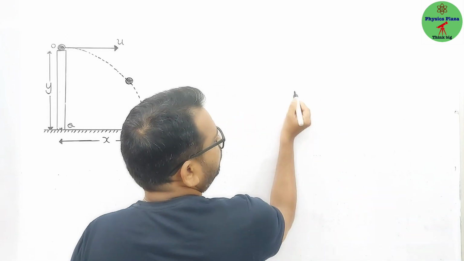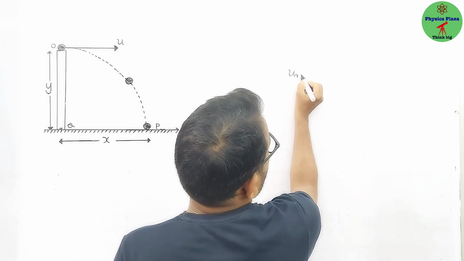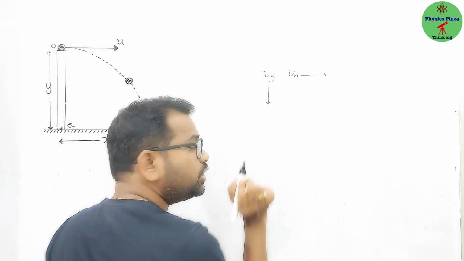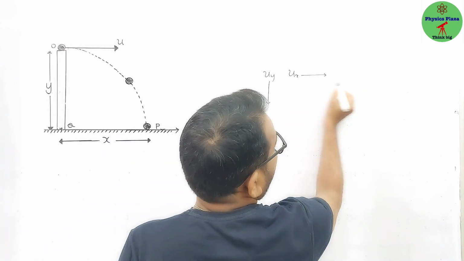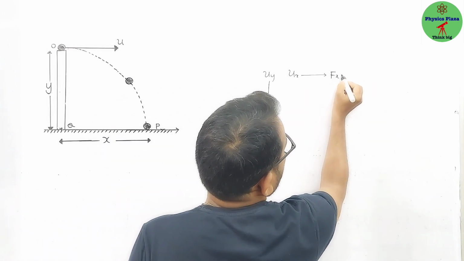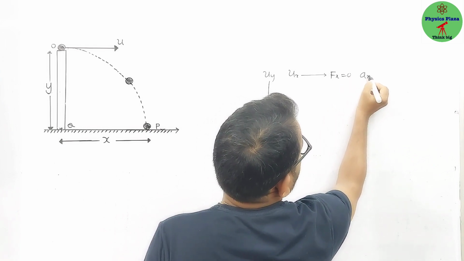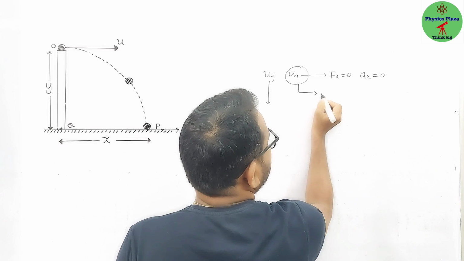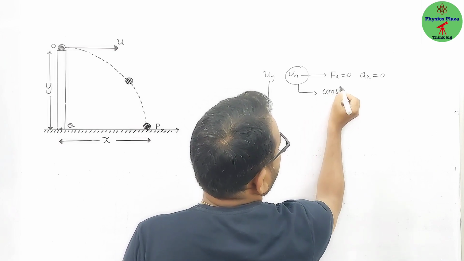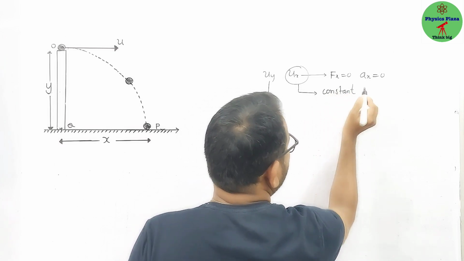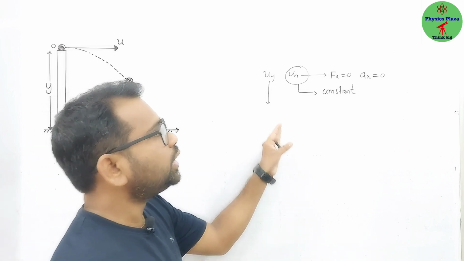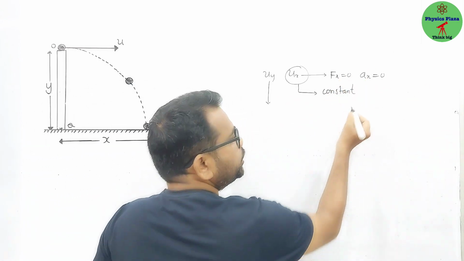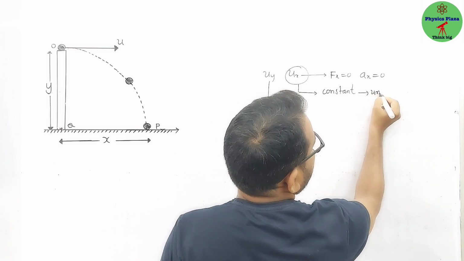Along the horizontal direction let us say it is ux, whereas along the vertical direction it is uy. Along the horizontal direction no force acts, hence acceleration is also zero. So the horizontal component of the velocity remains constant. That's why the motion along the horizontal direction is a uniform motion.